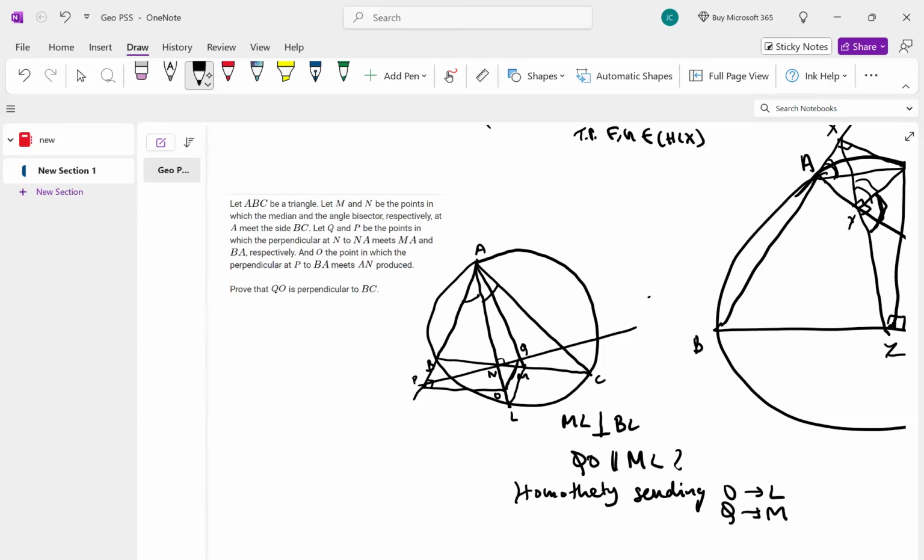So you have a homothety at a point that sends this point to this point and this point to this point. You know that these are parallel, right? Okay. Yeah, that's all you need.